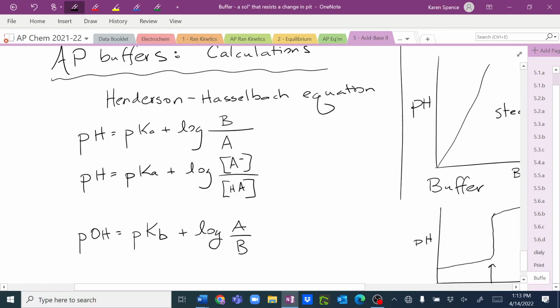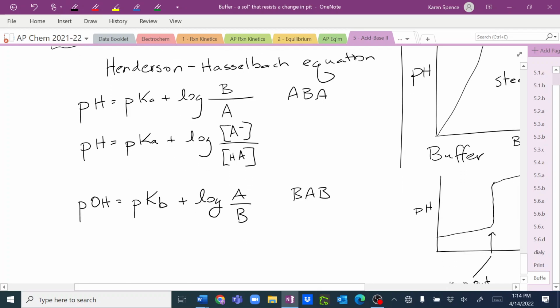Yes? So this is the ABA equation because it's pKa equals log of B over A, ABA. And this is the BAB. Okay, you got the ABA and the BAB. So you can calculate the pH anytime you want.